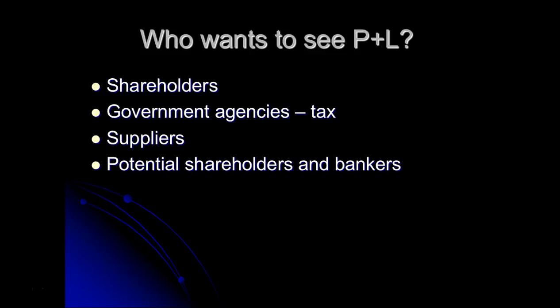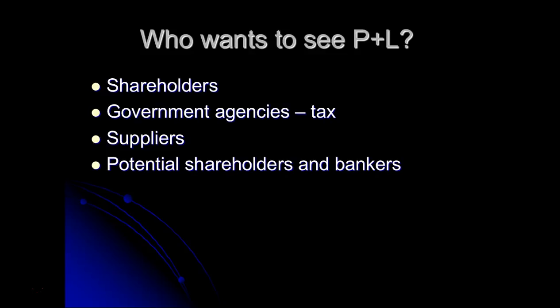Suppliers are going to be very keen to see the profit and loss account, the level of profit, because if it's profitable, that means customers are going to order some more. If it's not profitable, it means that they may be cutting back on their supply. So it has a knock-on effect on other people's businesses, particularly suppliers, and people who are potential shareholders and bankers, people who are investors in an organisation.